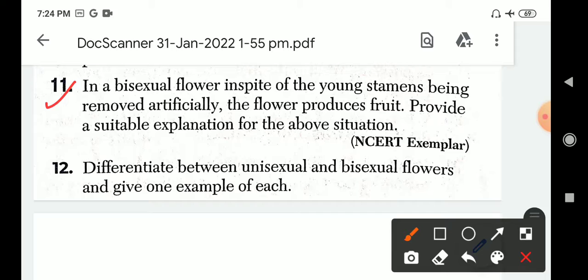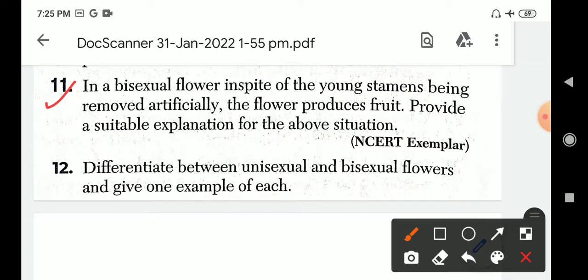In a bisexual flower, in spite of the young stamen being removed artificially, the flower produces fruit. Provide a suitable explanation for the above situation. Okay, so we all know that a bisexual flower has both male as well as female organs.